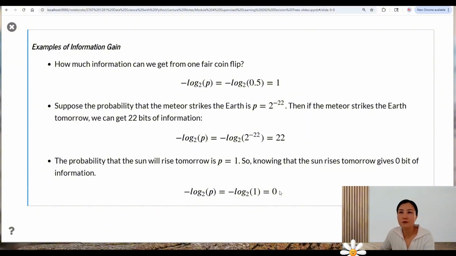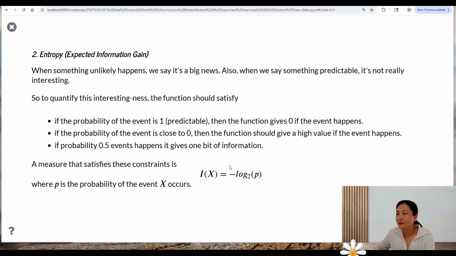So if you see tomorrow's sun, you get 0 information because it's almost completely predictable. So you see this function, negative log 2 of p, can be used to measure the interestingness of a random event if it occurs.